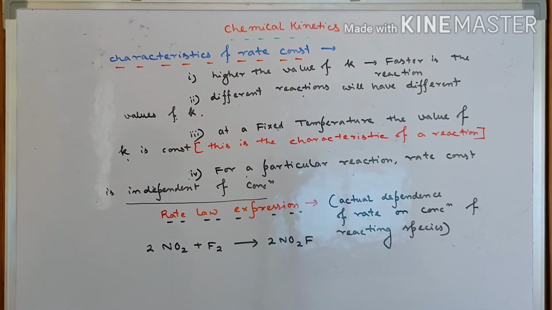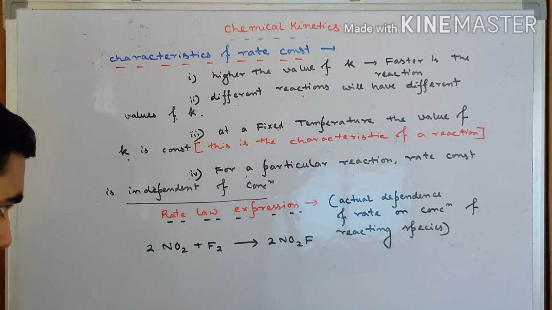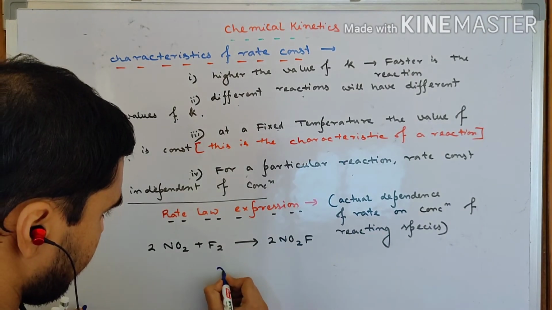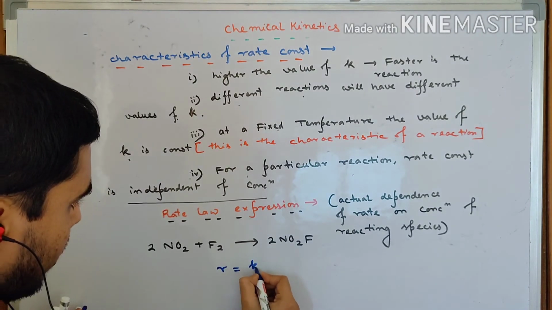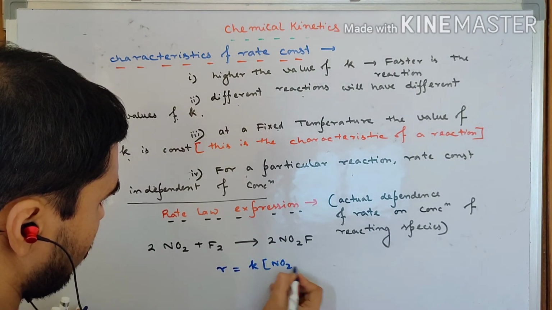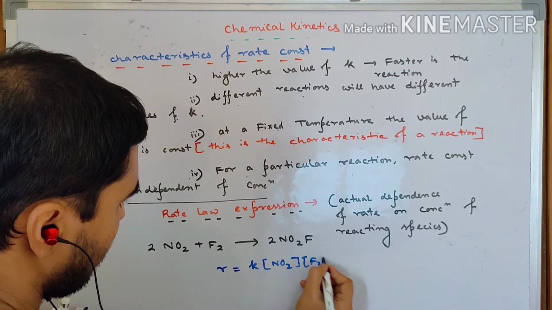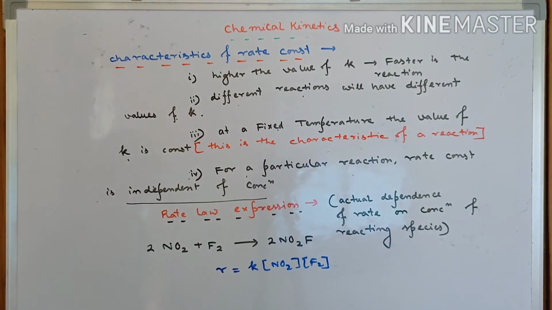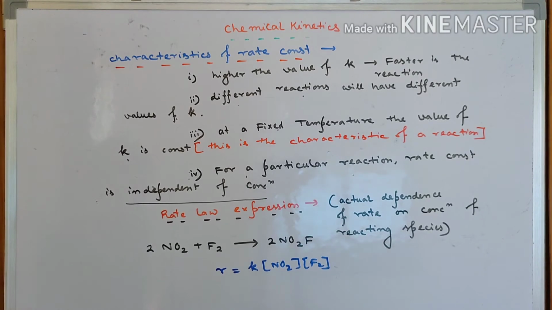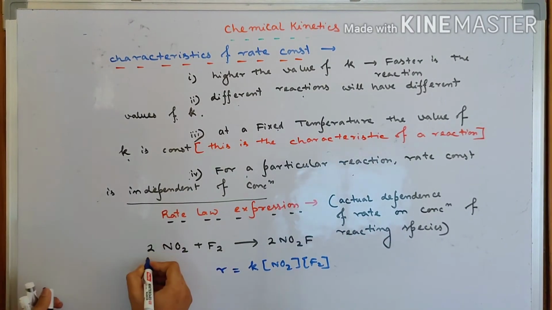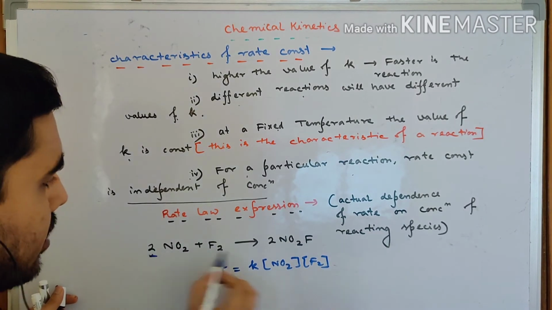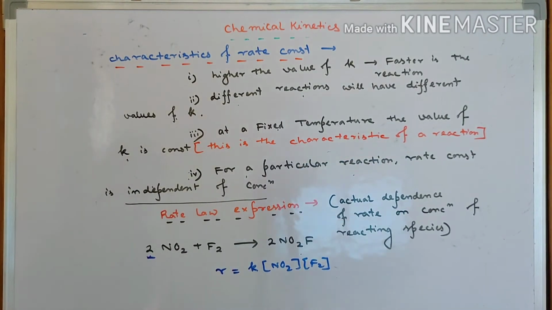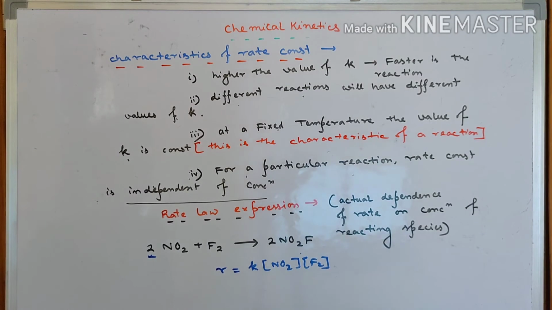Now, as per the experimental observation, it is observed that R is equal to K into NO2 and F2. This is called the rate law or rate equation. You must be expecting there is a term 2, that this should be raised in power, but that doesn't happen here.